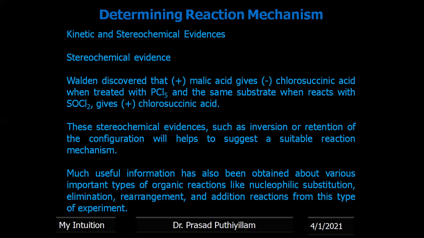So these stereochemical evidences, such as inversion or retention of configuration, also help to suggest a suitable reaction mechanism, and are useful for organic reactions involving nucleophilic substitution, elimination, rearrangement and addition. All these types of reactions can be studied by using stereochemical evidences.